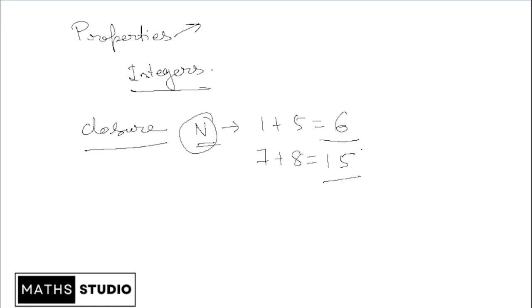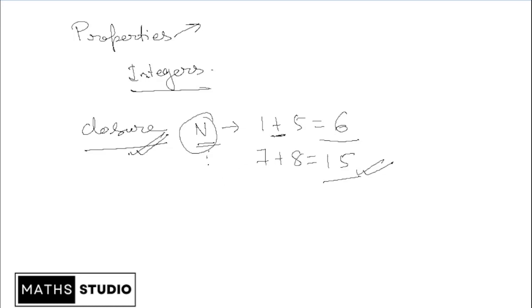So 15 is also having the closure property being fulfilled because 15 is also a natural number. So we can clearly say that natural numbers form the closure property, or they follow the closure property under addition.